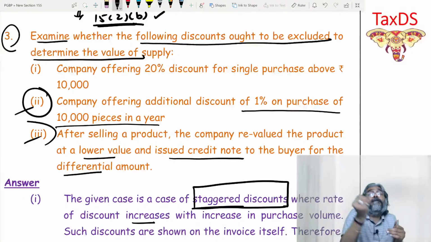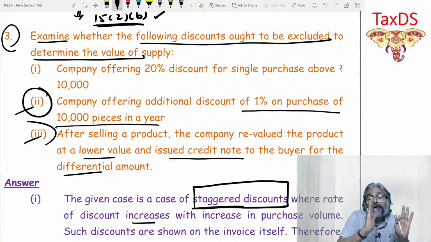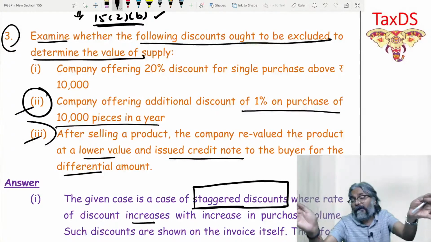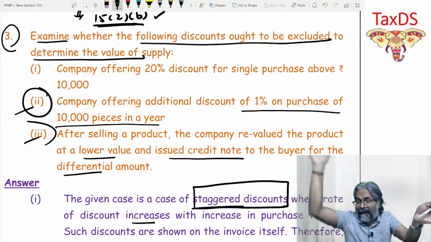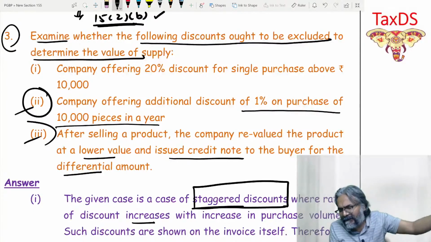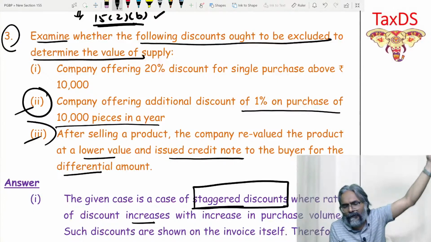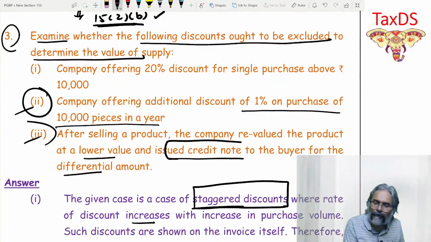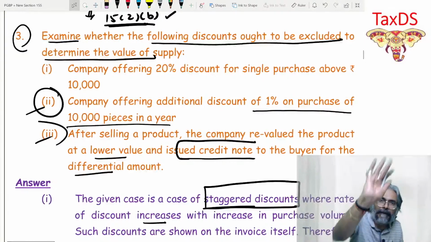That we may assume that the condition was there at the time of the supply, and therefore the person has achieved the sales target, and hence the valuation is reduced and the credit notes are being issued. That is what we can say. This is one way of reading the question, as if it is all independent.